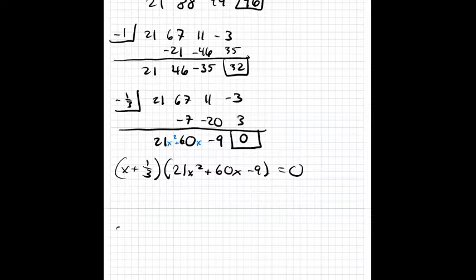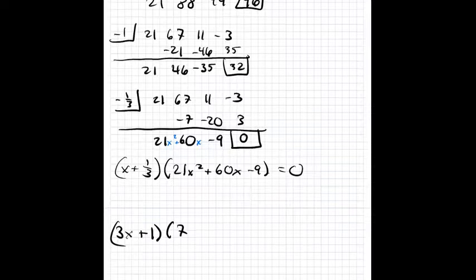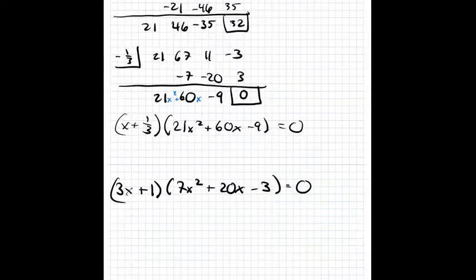If we remove the 3 from there, that becomes 7x squared plus 20x minus 3. Okay? So now, I think we can factor it the following way. 3x plus 1. We might be able to jump straight to this form, right?